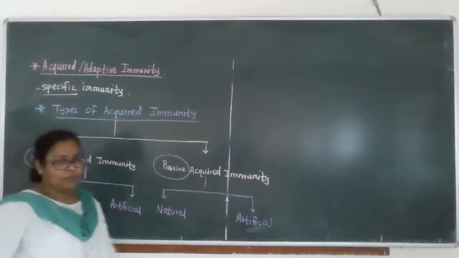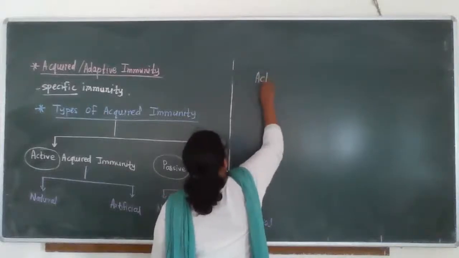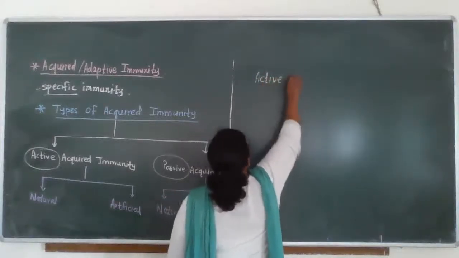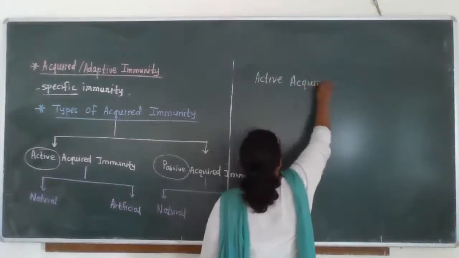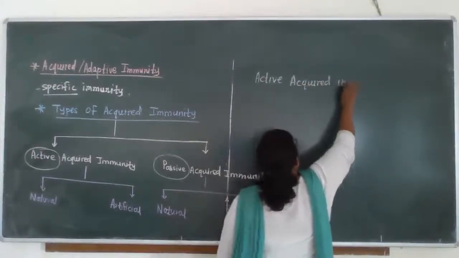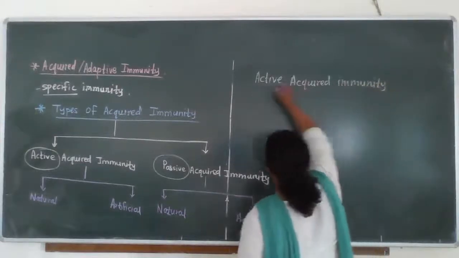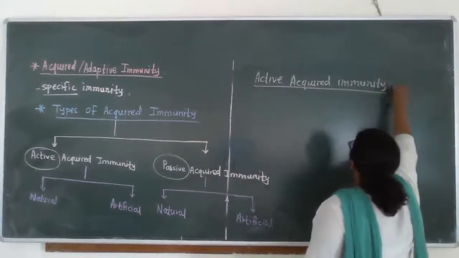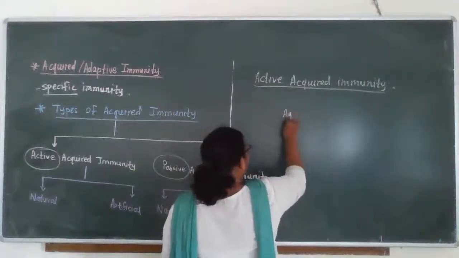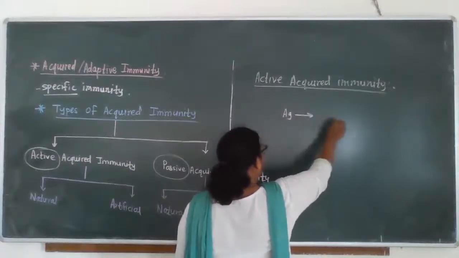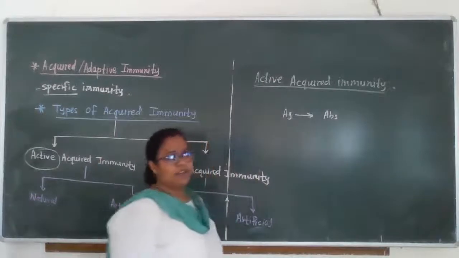So what do we mean by active? Active means active acquired immunity. When any antigen invades our body, our body produces antibodies against that antigen.